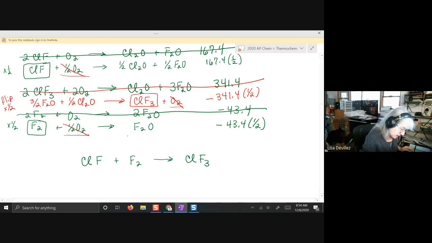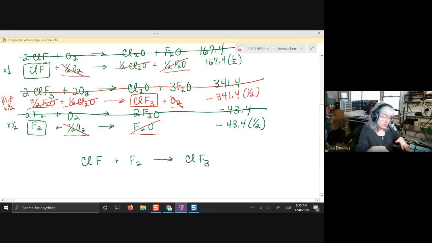And the Cl2O, I have a 1/2 and a 1/2, so that cancels. Then I have a 1 and a 1/2 of the F2O on the product side, and then I have 3/2 on the other, so that 3/2 cancels the 1 and the 1/2. So everything I don't need cancels out.